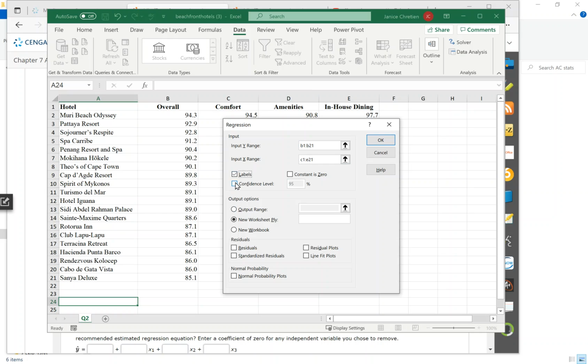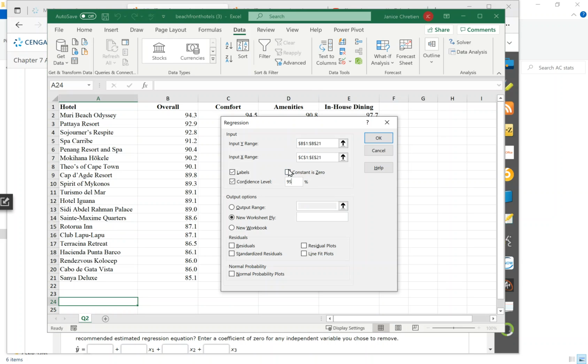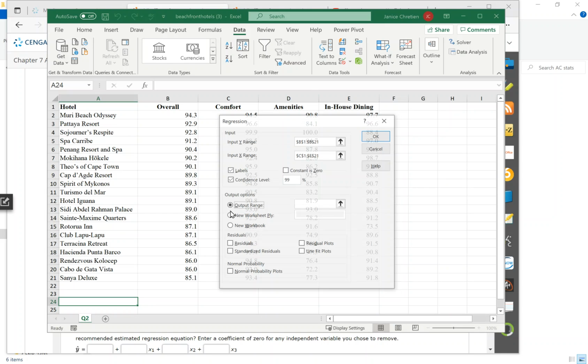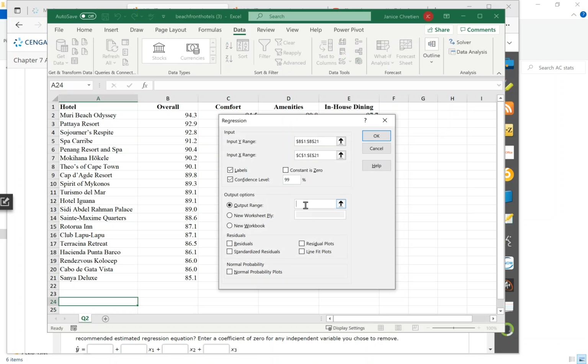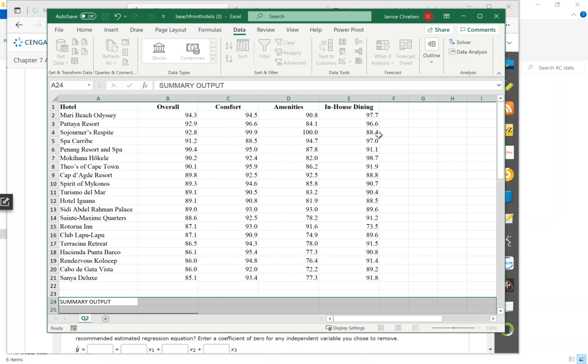I'm going to tell it that I have labels. I want my confidence interval at 99%. And I want my output range to be A24. And I'm not sure if I need residuals or not, so I'm going to run residuals and residual plots. What could it hurt, right?